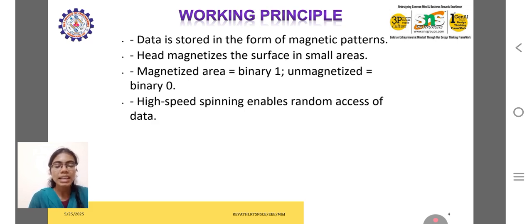So a magnetized area is considered as binary 1, and an unmagnetized area is considered as binary 0. So data is stored in the form of magnetic patterns, and the high speed spinning enables random access of data. The head comes in contact with the actual data which we want to fetch. The head magnetizing the surface is very small, so the access of data is smooth.